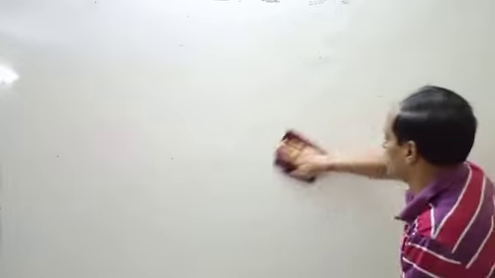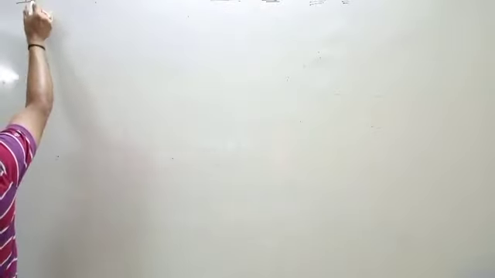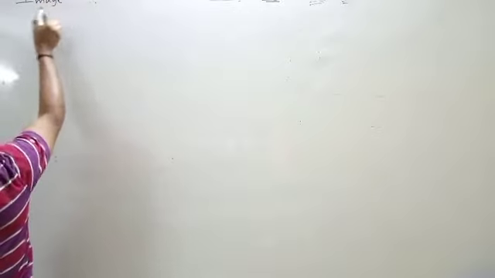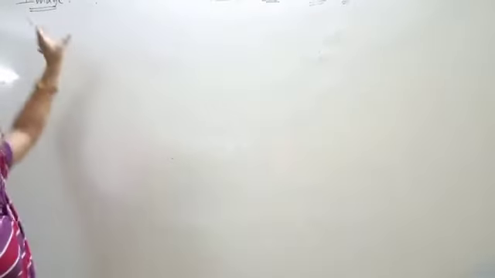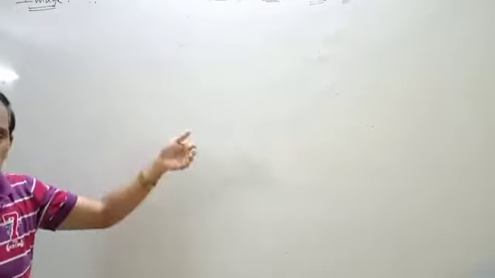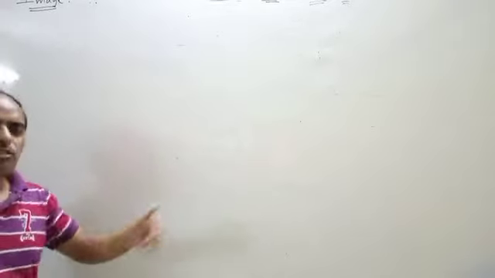Next one, image. Now I am discussing about image. Image of a point, image of a line. First we are going to image of a point with respect to point, axis, line, and we will discuss step by step.